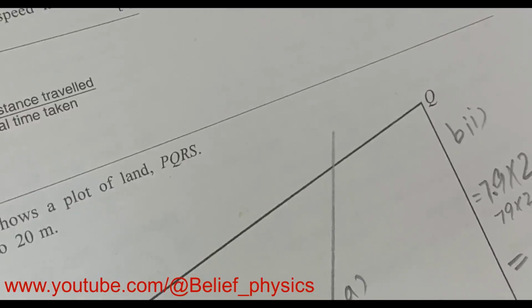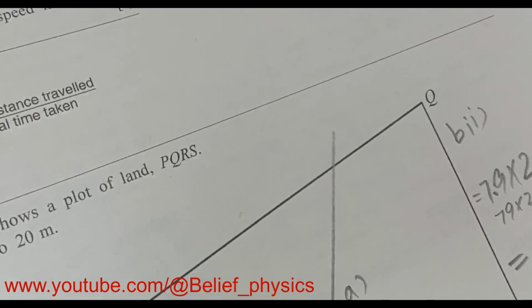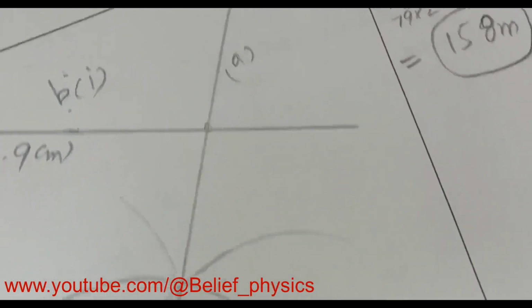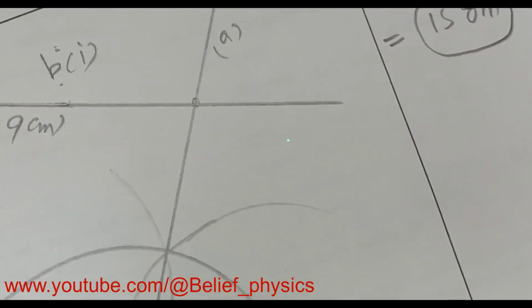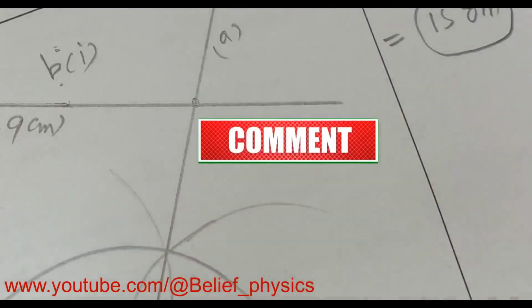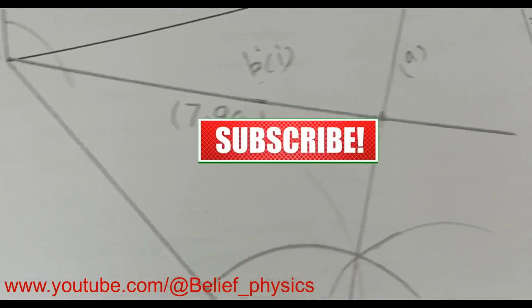So 2 9s are 18. 2 7s are 14, 14 plus 1 is 15. So 158 meters is the actual distance of the point where Priya meets the path on the land. That's it. This is part B, second part.